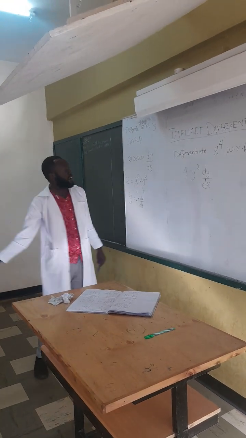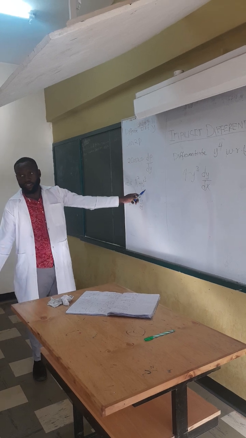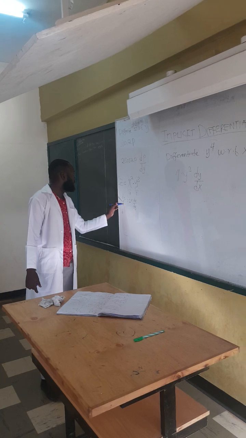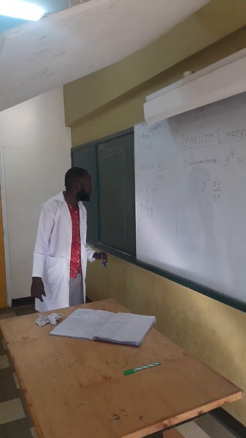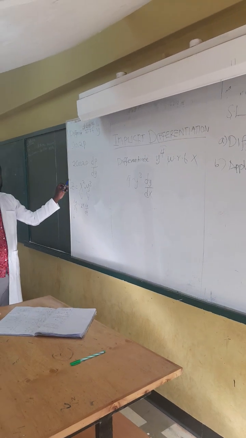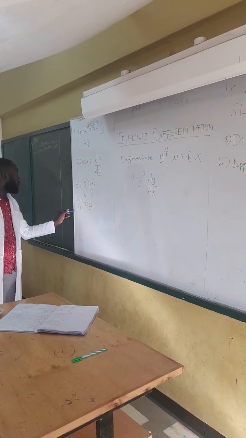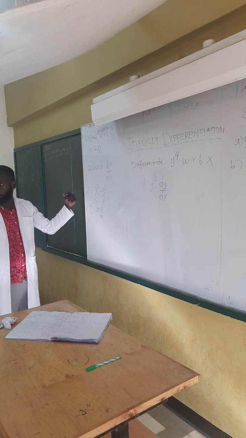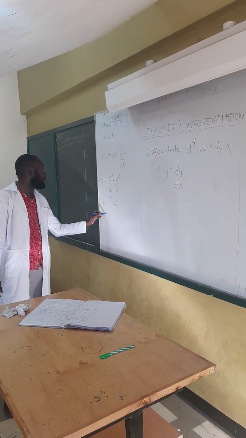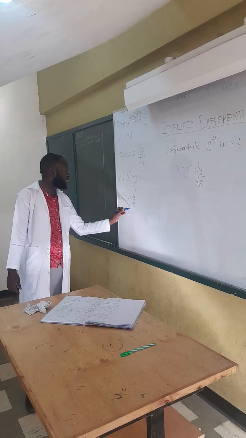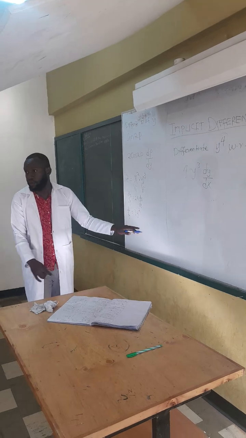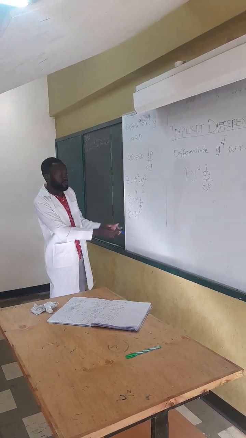Now come to your variable v. Let us come to our variable v. We have been told to differentiate with respect to y. So dv dy will be 3y squared. This is a variable y.